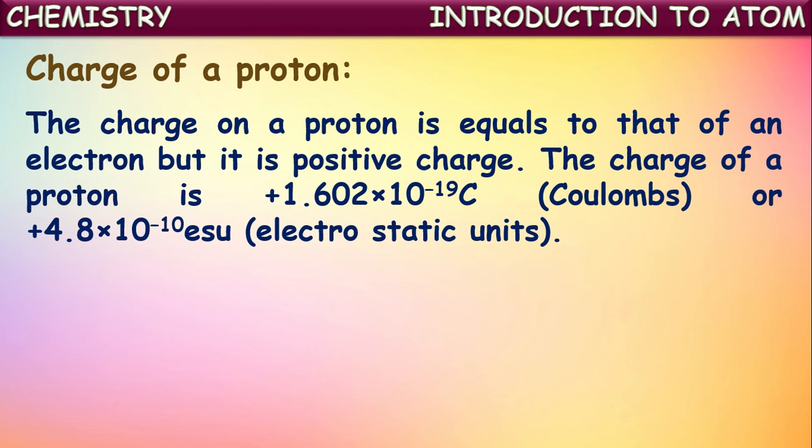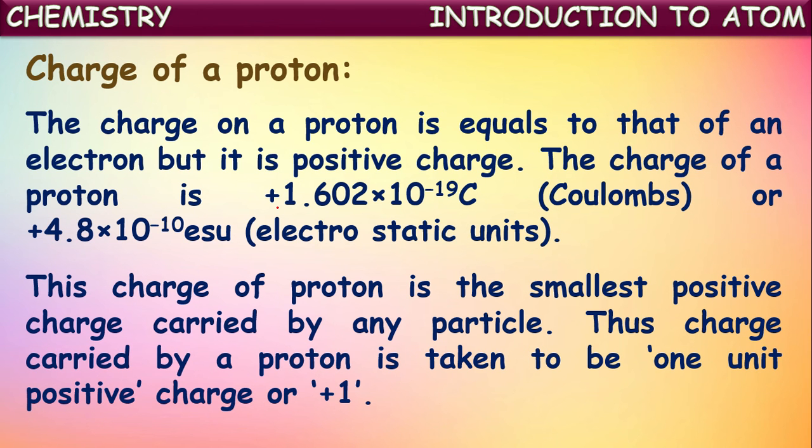But for proton it is positive, and for electron it is negative. In electrostatic units, its quantity is 4.8 into 10 to the power of minus 10 electrostatic units. These are the charges of electron. In coulombs, it is 1.602 into 10 to the power of minus 19 coulombs.